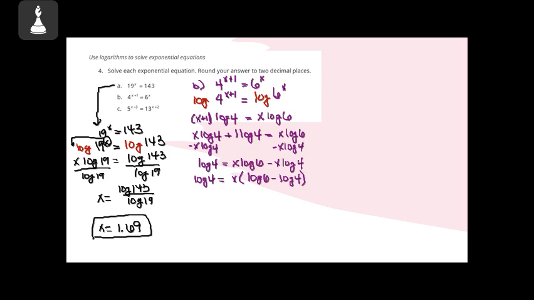So I have x equals log of 4 all over log 6 minus log 4, which I will type into my scientific calculator. I will show you in Desmos here in just a second what that answer looks like, but I've got 3.42.